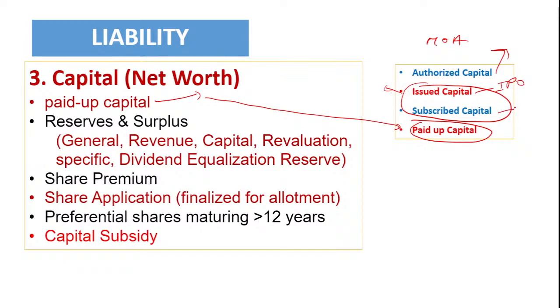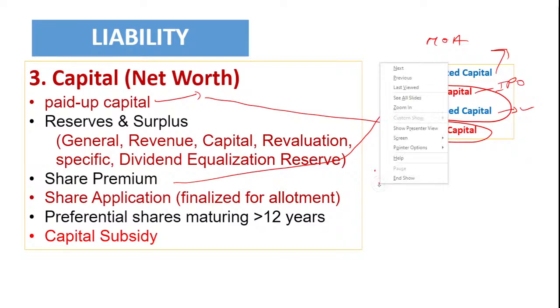And subscribed capital means how much the shareholder has actually subscribed. Share premium means the amount over and above the face value of the share price. Whatever the company receives over that is part of the share premium.